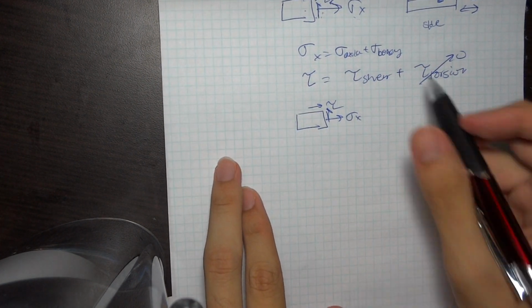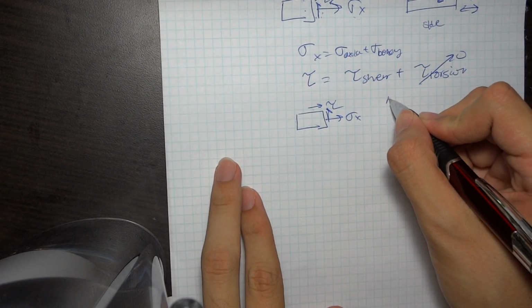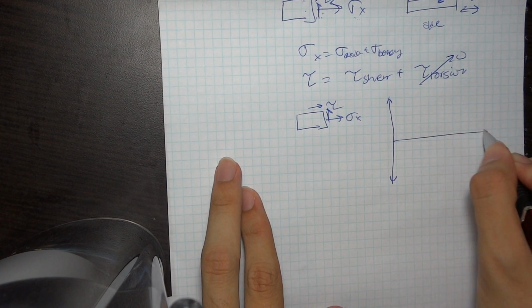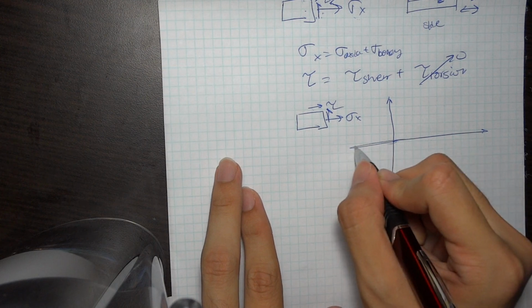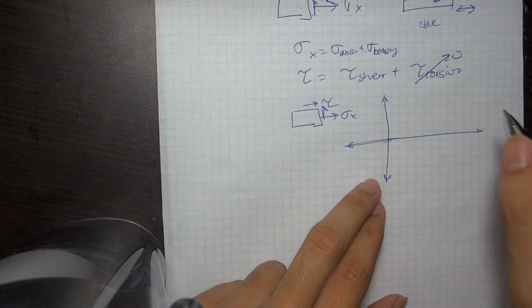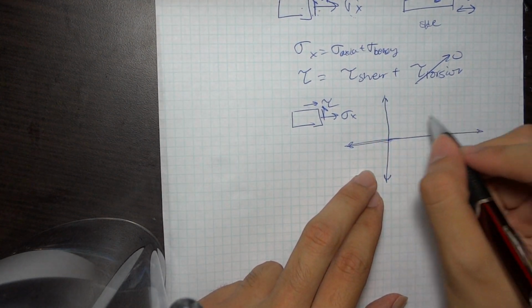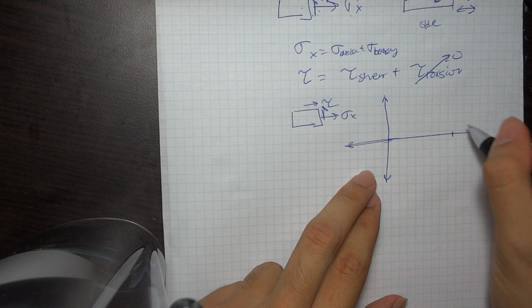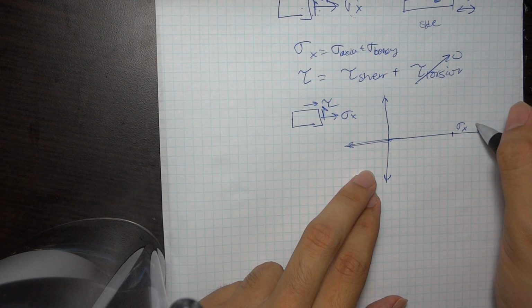Recall that when you're drawing your Mohr's circle like this, you have the sigma x and sigma y, whichever one is larger, over here.